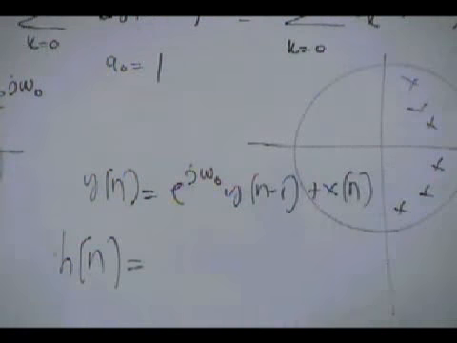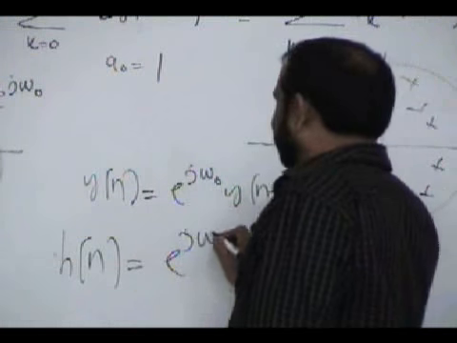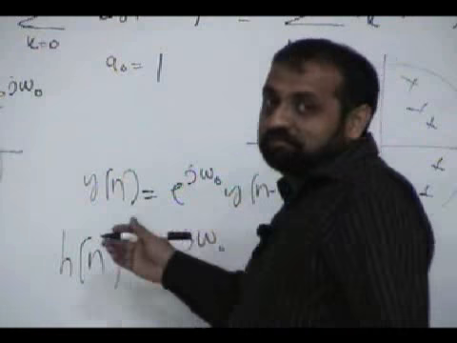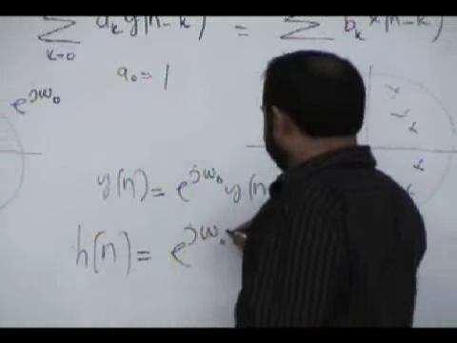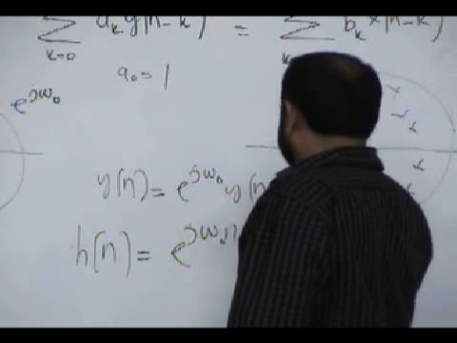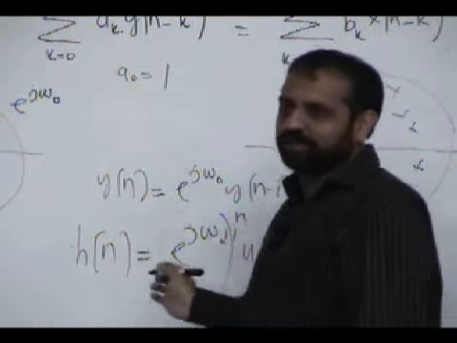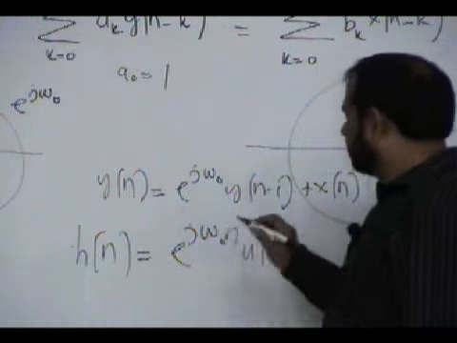Of this, take inverse Z transform. Exponential j omega naught to the power n u of n, because it is a^n u of n, so the n will appear here. This is the impulse response.